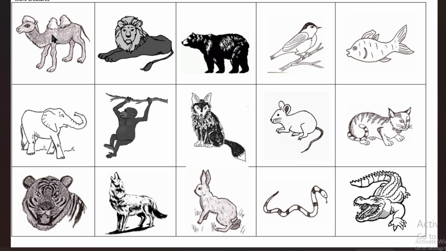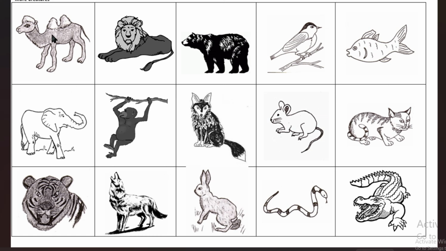The camel is not dangerous. The camel is harmless. Harmless is safe. Literally, this word means no harm.